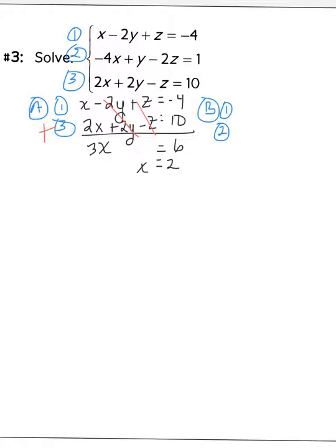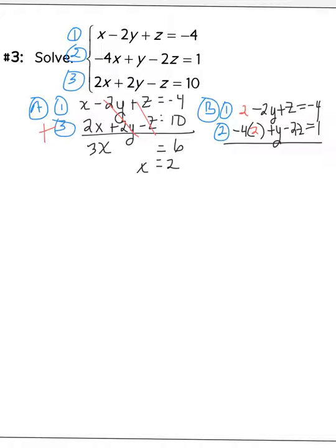So I plug in 2 for x, and then I get minus 2y plus z equals negative 4. And in equation 2, I have a negative 4, and instead of x, I'm plugging in 2, and then I have plus y minus 2z equals 1.